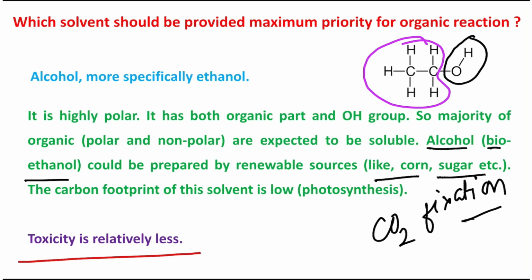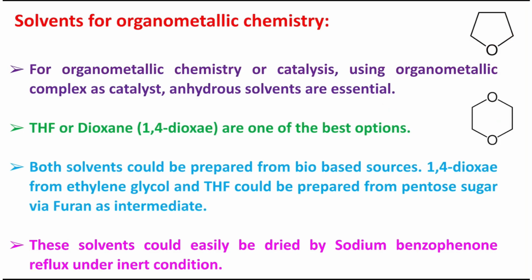Not only a solvent, it's a very good fuel too. And in future, countries are planning to replace fossil fuel with some renewable fuels, and alcohol is one of the potential sources. So please don't blame alcohol. Focus on your habit and intention first. So that's a funny thing.